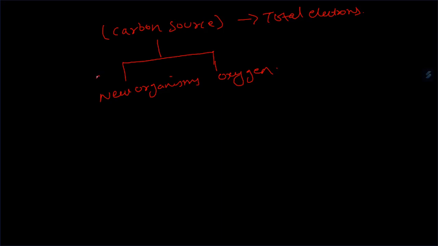That is one destination, and the second destination is of course oxygen, as we saw that oxygen is being used to oxidize the given effluent. As we said, 1 mole of oxygen takes 4 electrons. So some electrons will go into the oxygen, and some will go into the new organisms which are produced. And this concept actually forms the basis of the COD balance.